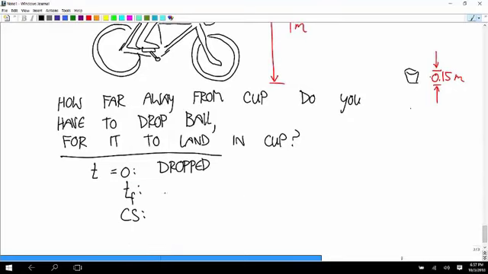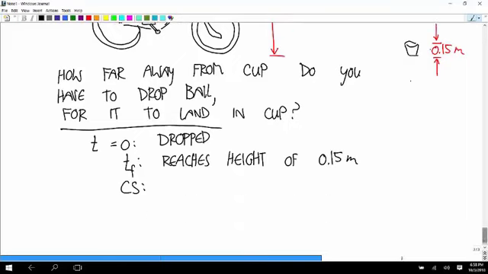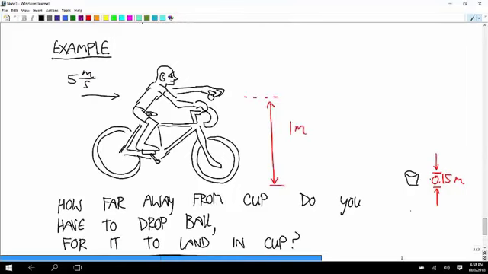Time final is going to be when it reaches a height of 0.15 meters. And the coordinate system is going to be on the ground right beneath where the ball is dropped from. And the y-axis is going to be up.